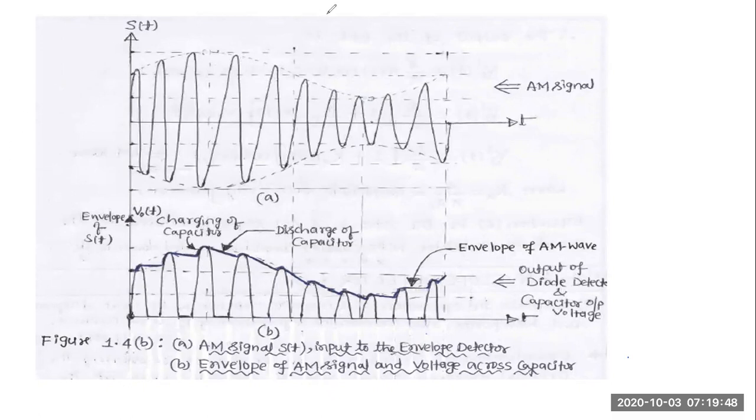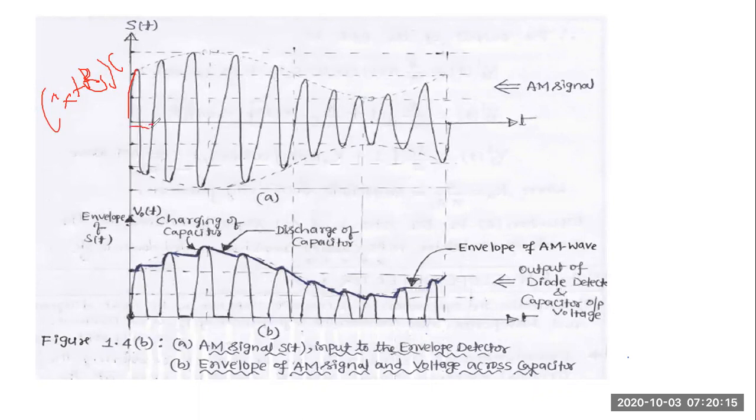Okay. See, the capacitor has reached this peak. It has charged to the peak along with the carrier, because (RF + RS) × C is much, much less than the time period.